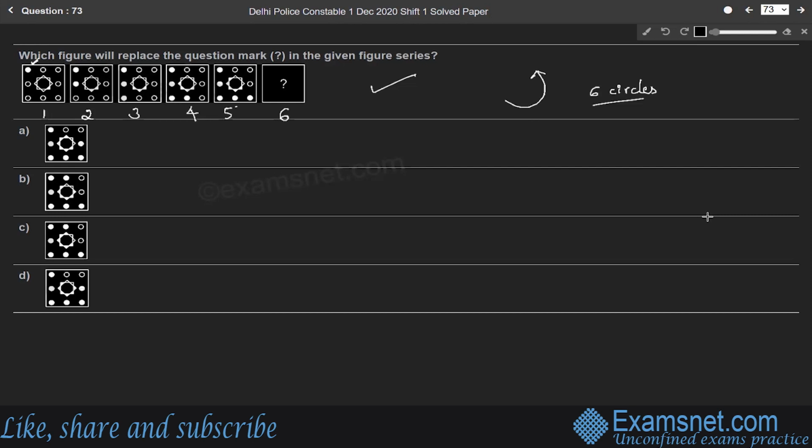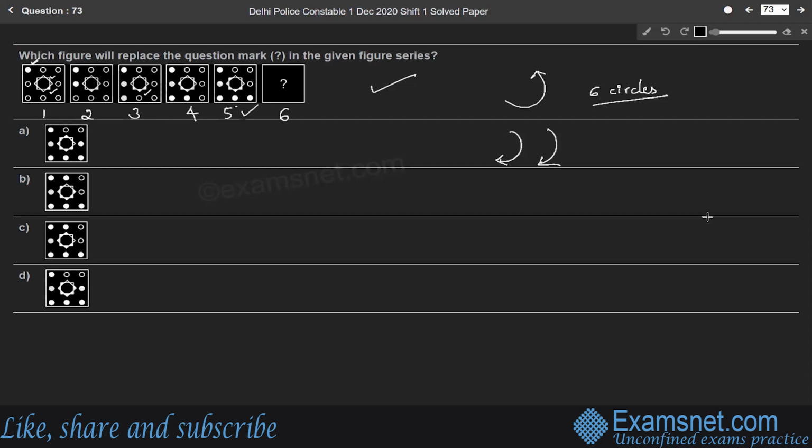6 circles, right? Whereas in the other part, at the center, there is a small image where one small portion is shaded, which is towards the right bottom corner, right? Whereas in the second figure, 2 small portions are shaded. In third, 3 portions are shaded like this. So this shading sequence is in clockwise direction, right? And in the fifth, 5 small portions are shaded, in clockwise direction.